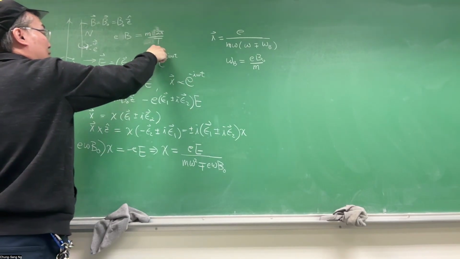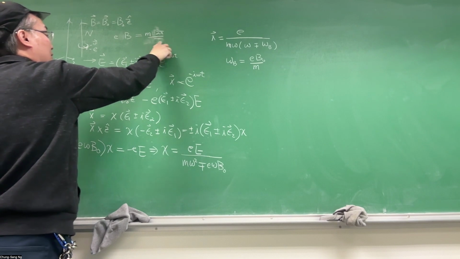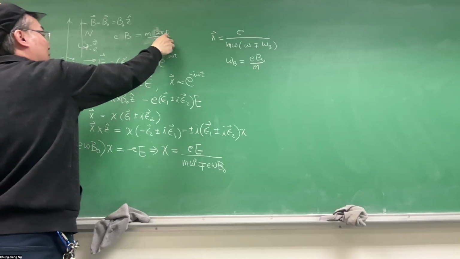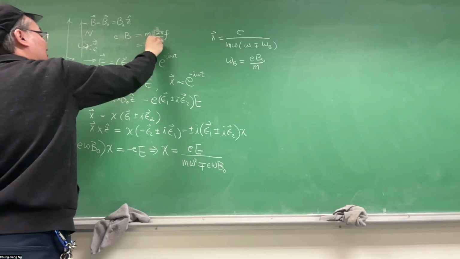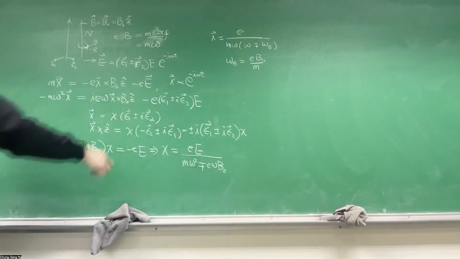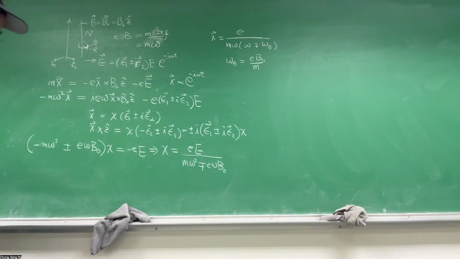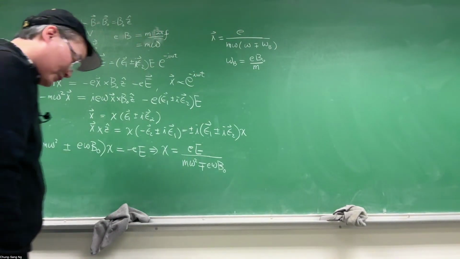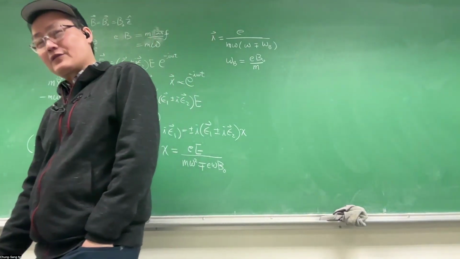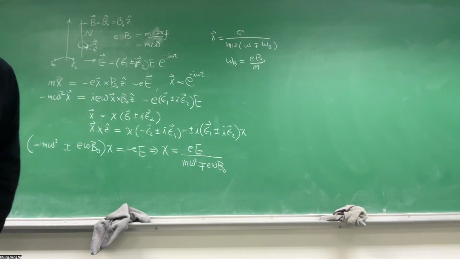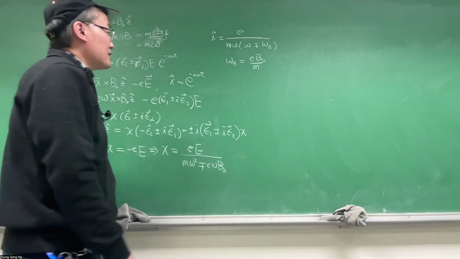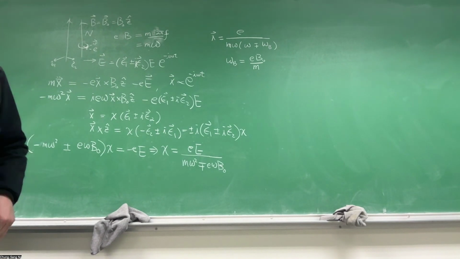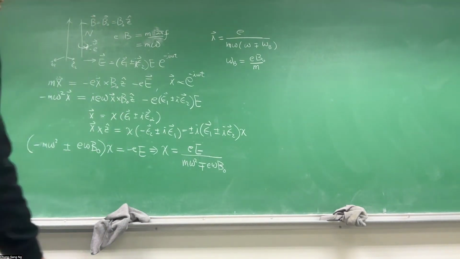And one over the period is the frequency. 2 pi f is the circular frequency, so this is m omega. So omega is eB over m. That's what we call the cyclotron frequency, although we usually use the term frequency for circular frequency in cosmic physics. So we call that frequency, although this is actually the circular frequency.